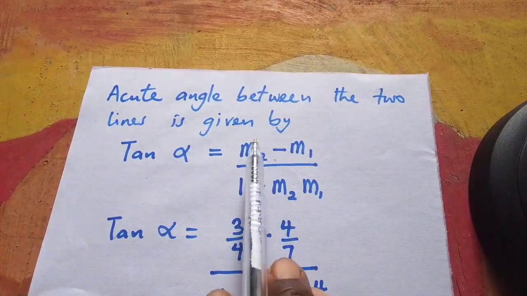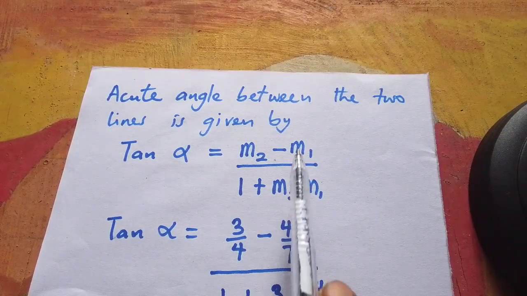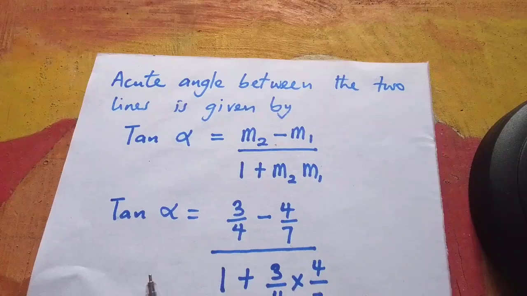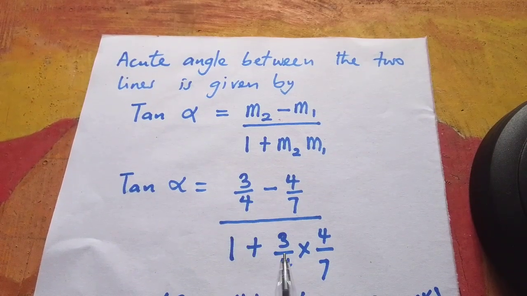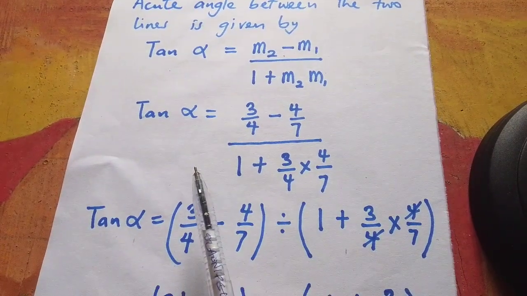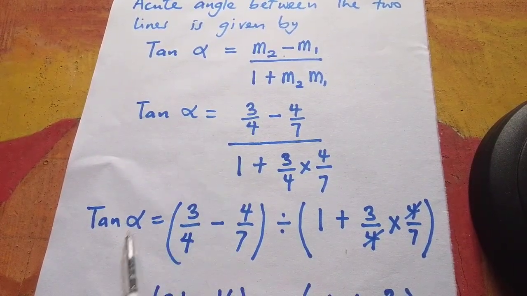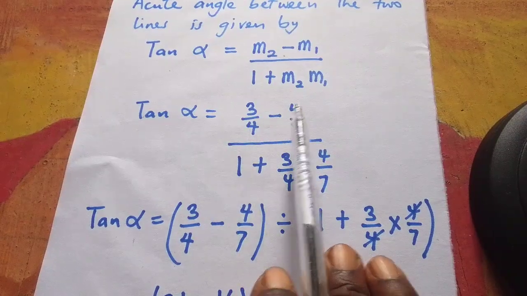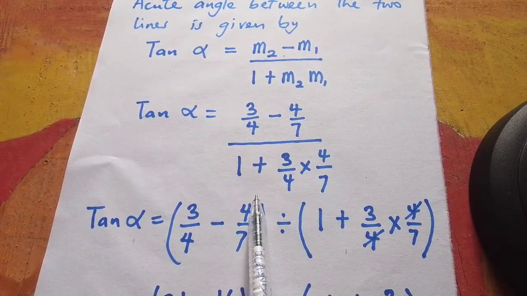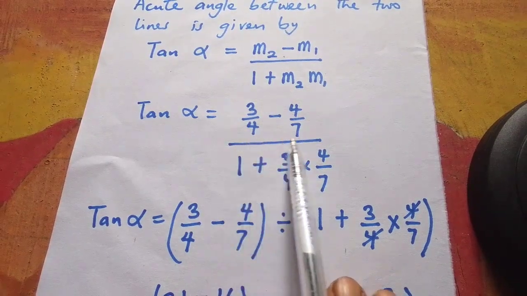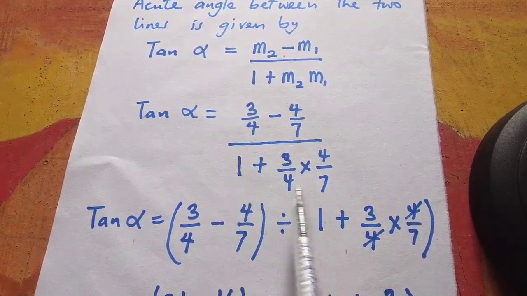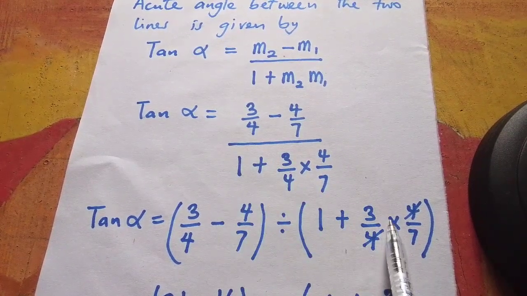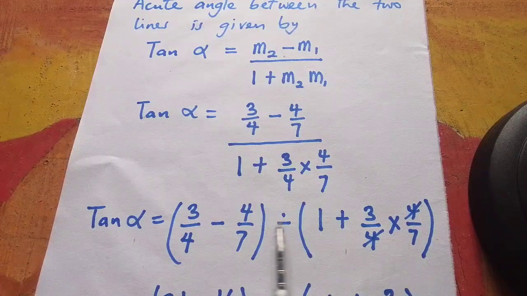Substituting, m2 is 3 over 4 minus m1 is 4 over 7, then everything is divided by 1 plus 3 over 4 times 4 over 7. 3 over 4 minus 4 over 7 is the numerator, and 1 plus 3 over 4 times 4 over 7 is the denominator.